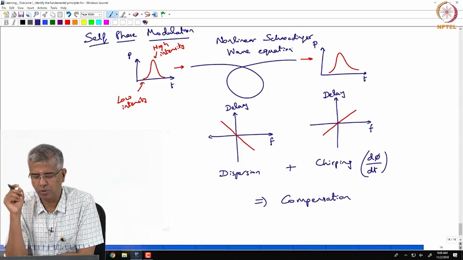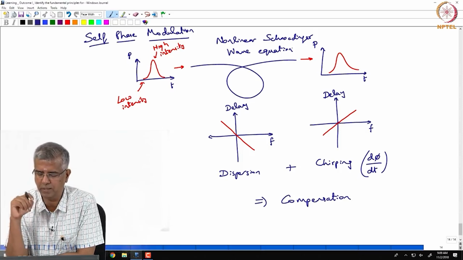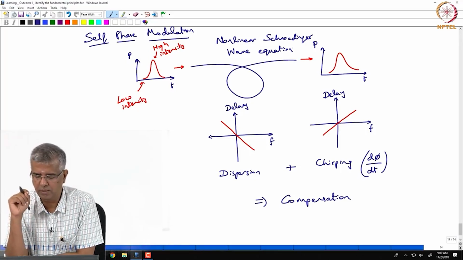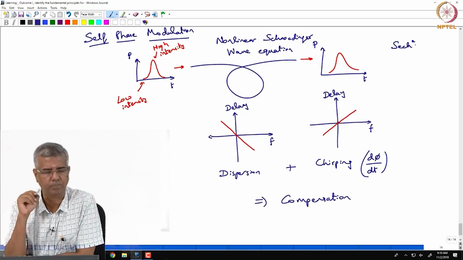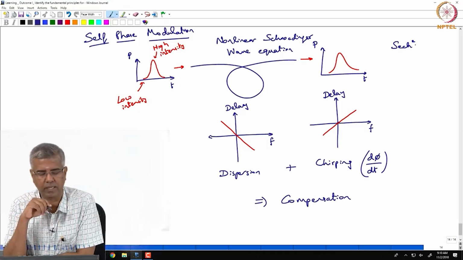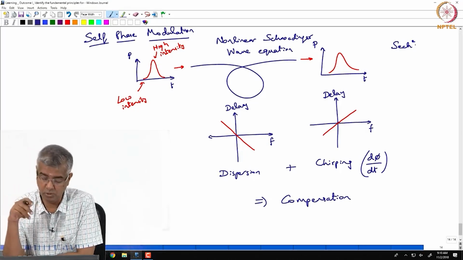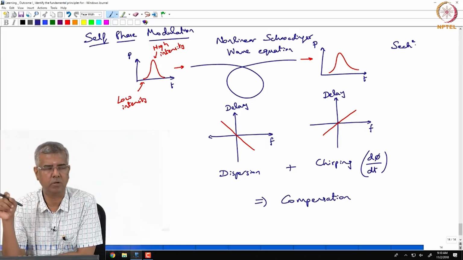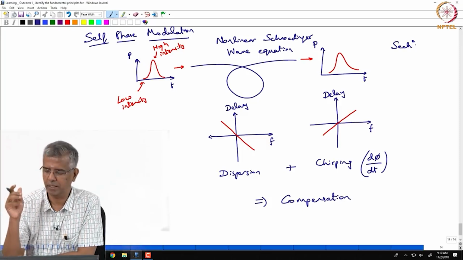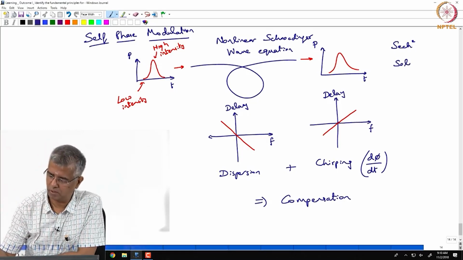clearly. So if you take the nonlinear Schrodinger wave equation and you find the solution for it, you find that a pulse which has a secant hyperbolic square sort of shape is actually a solution for this Schrodinger wave equation, which means that if you send that shape pulse down a regular single mode fiber, you will actually retain that shape, okay, and that sort of pulse is called a soliton.